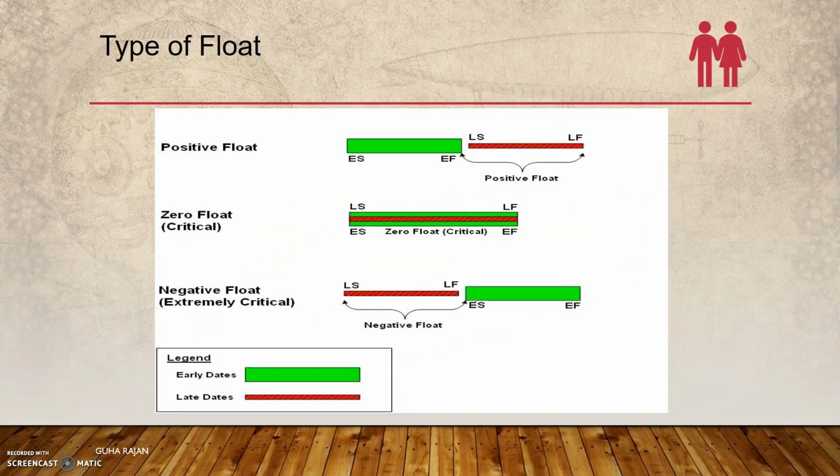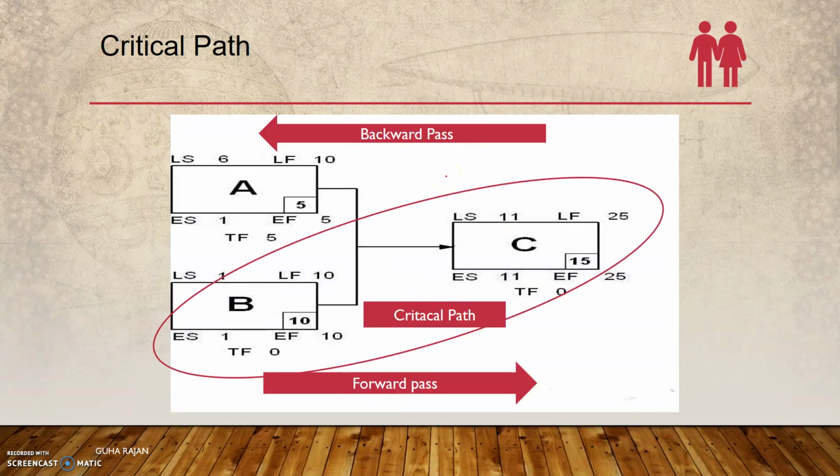And one more thing is on the positive float. In this task there is a positive float. 5 days is a positive float, because you can delay activity A to start even at a later point of time, and maybe the resources in A can be used in B in case of any challenges.